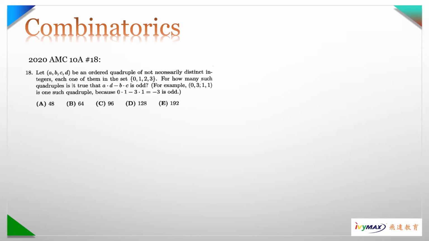For how many such quadruples is it true that A times D, the product of the first and last one, minus the product of the two in the middle, is odd? To give you an example, 0 times 1, the first and last, is 0, minus the product of the middle two, 3, so -3 is odd.